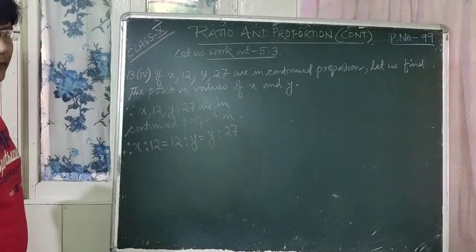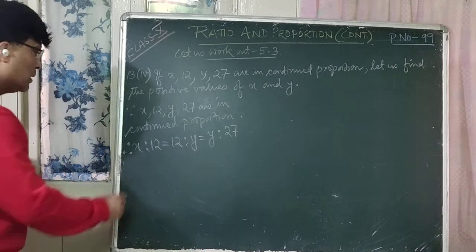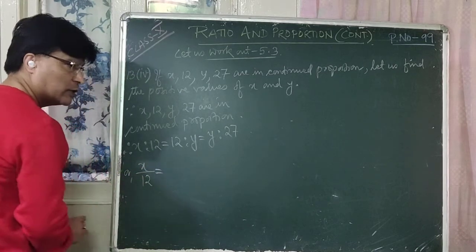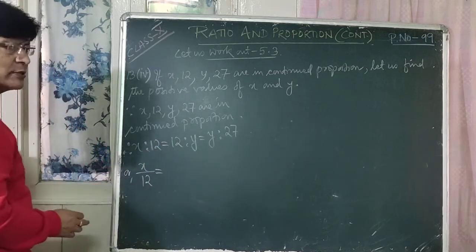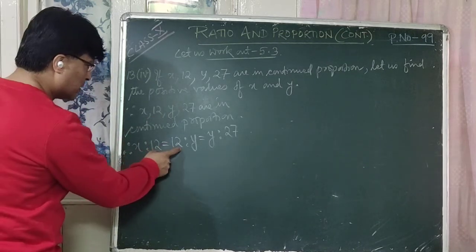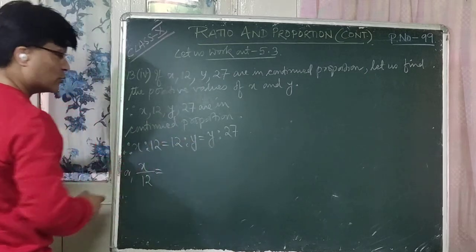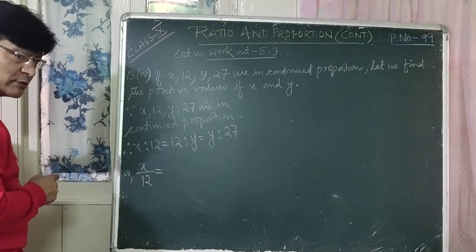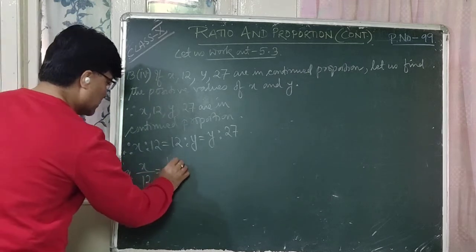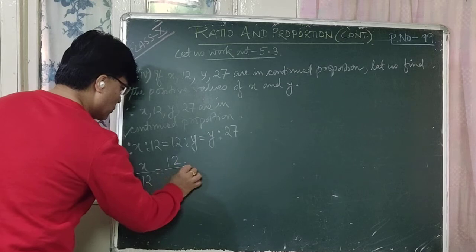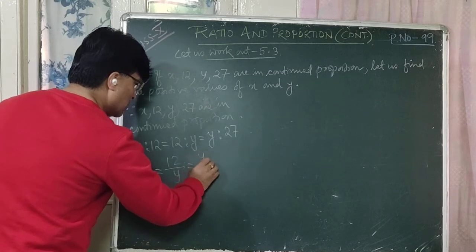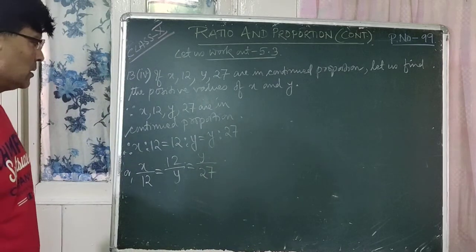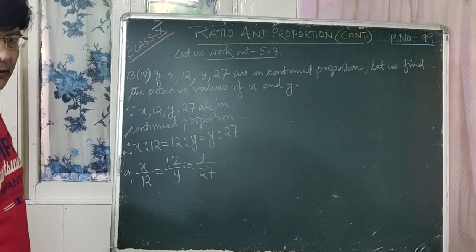Is that clear? Now next, or x upon 12 is equal to, you can write it in terms of fraction, right? This 12 is repeated twice here, this y is also repeated twice out here, because they are in continued proportion. So you can write it in terms of fraction, that is x upon 12 is equal to 12 upon y is equal to y upon, this is your 27. So I think you have understood it.